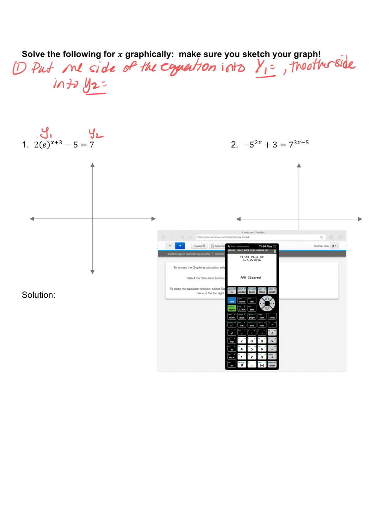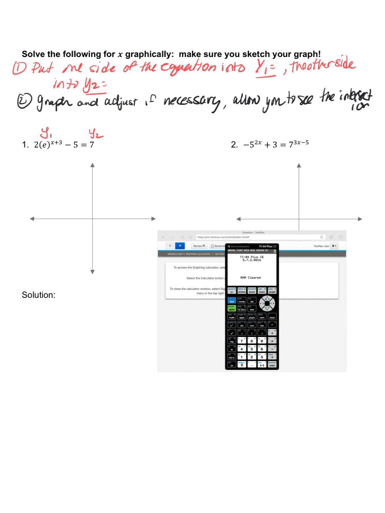And then the second thing you'll do is graph and adjust the window if necessary. This is to allow you to see the intersection.